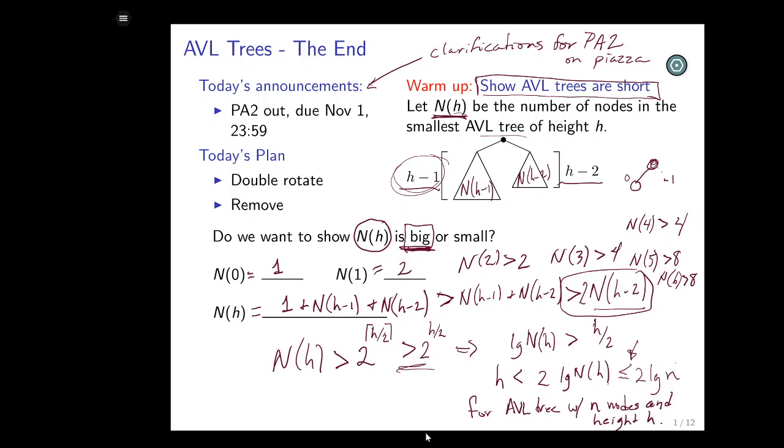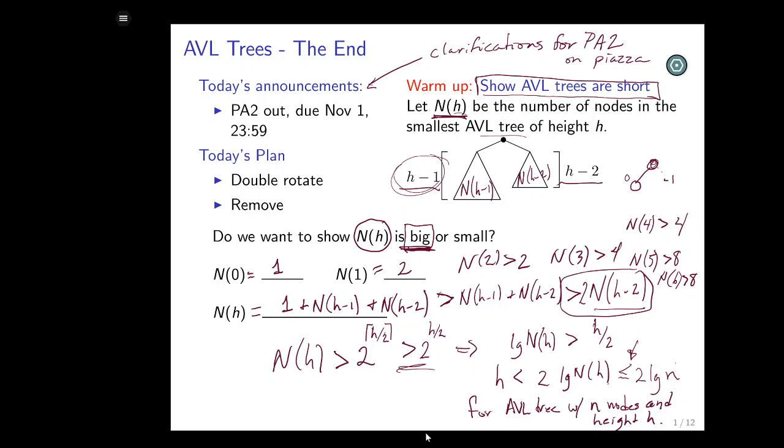Oh, I see. What I mean by big here is, do I want to show a greater than or equal to, or a less than or equal to? When we talk about running times with a recurrence relation and you want to show that the algorithm works quickly, you want to show that the running time is less than or equal to something. In this case, we want to show that N of h is not small. We want to show that N of h is bigger than something.